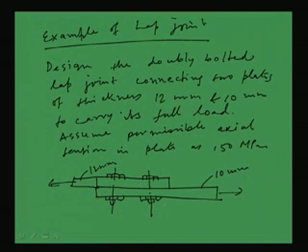Now first we have to find out the load carrying capacity of the plate. We have two thicknesses, one is the 10 mm plate and another is the 12 mm plate. So we have to go for the thinner plate thickness.